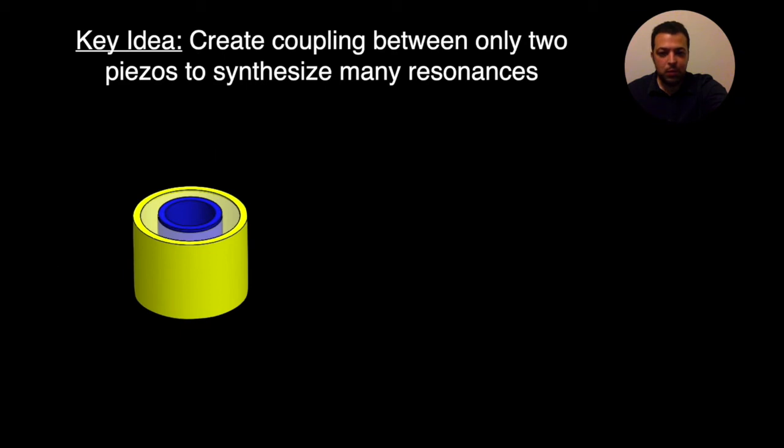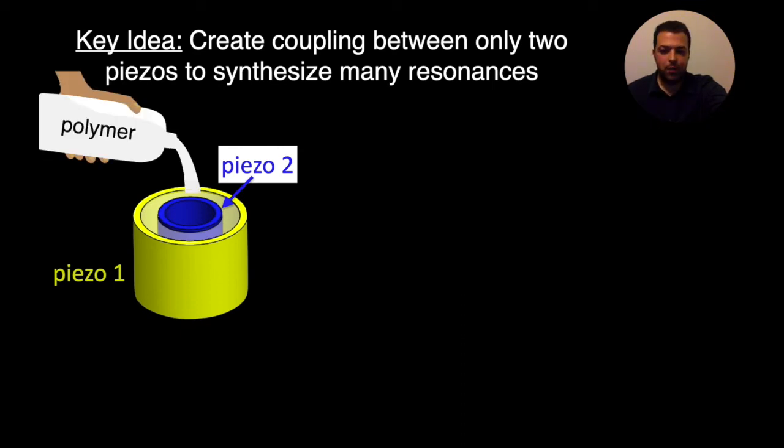We placed the smaller piezo inside the larger one. Then we filled the spacing between the two piezos using polymer, which is a soft material. Now, if we take a look at the vibration profile of the structure, what's interesting is because polymer is very soft compared to the piezo, the resonance of each of those individual piezos will be reflected in the vibration of the entire structure.